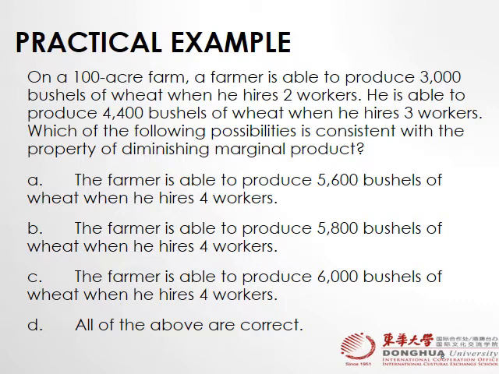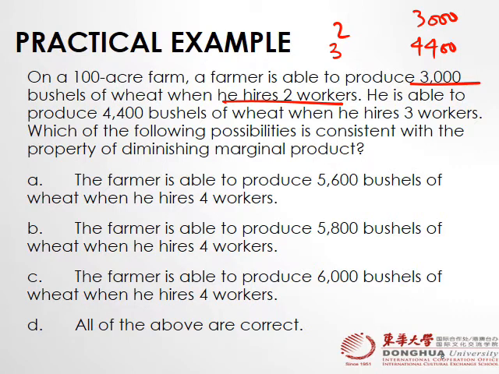Okay, let's read out the question. On a 100-acre farm, a farmer is able to produce 3,000 bushels of wheat when he hires 2 workers. So it means 2 workers, the production is 3,000. He is able to produce 4,400 bushels of wheat when he hires 3 workers. So 3 workers, 4,400 bushels of wheat.